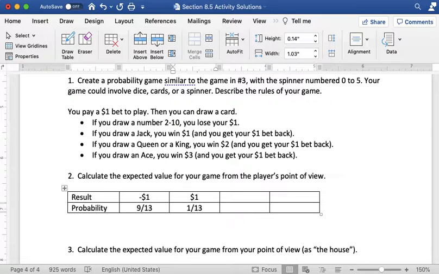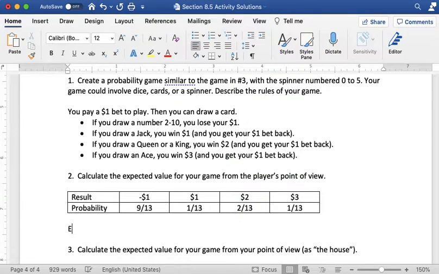So a net result of $1. If you draw a queen or a king, that has probability of 2/13, and that's a net result of $2. And if you draw an ace, you win $3, so a net result of $3, and again, you're getting your $1 bet back there as well. And that has a probability of 1/13.